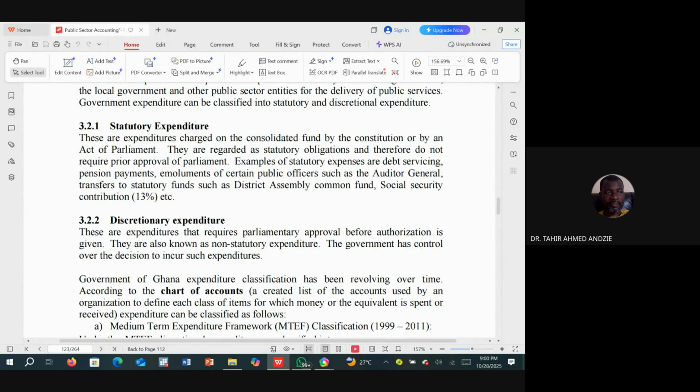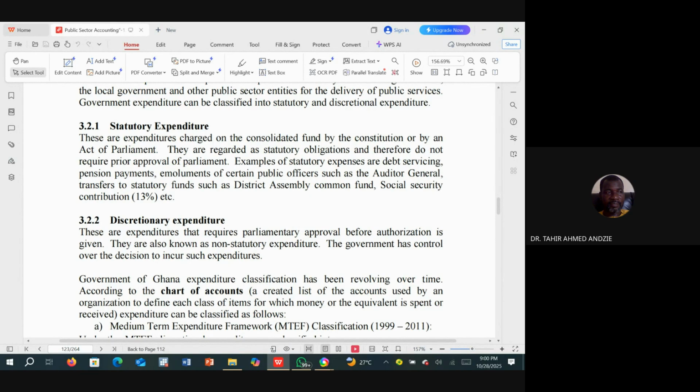Examples of statutory expenditure are debt servicing. That is charged to the consolidated fund and therefore does not require pre-approval of parliament.